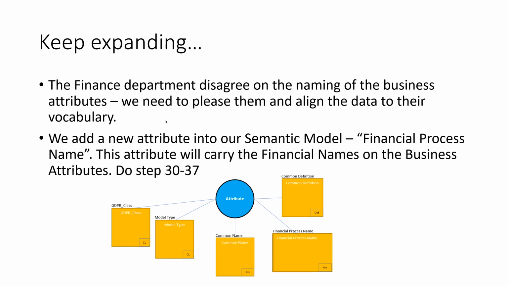So in this case, we're going to add a new attribute into the semantic model, which we will call the financial process name. And this attribute will hold the financial process, what they think the attribute should be called. So let's do that.